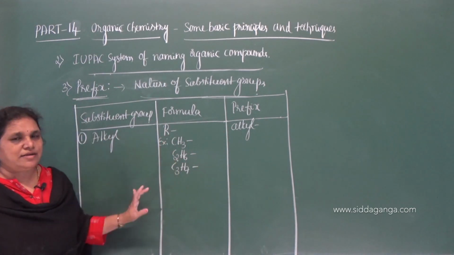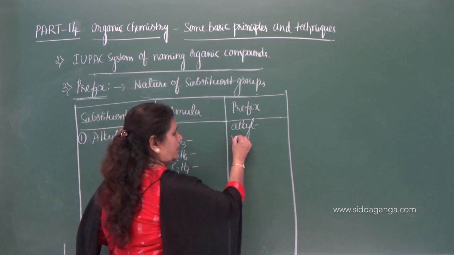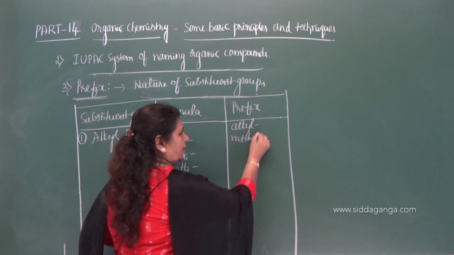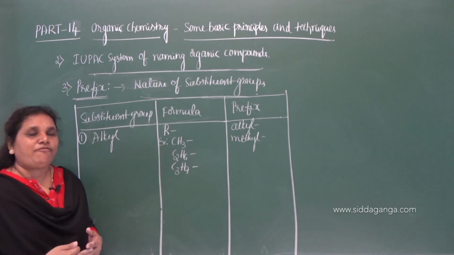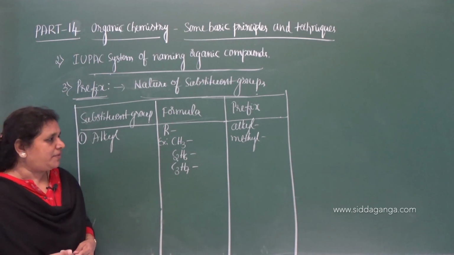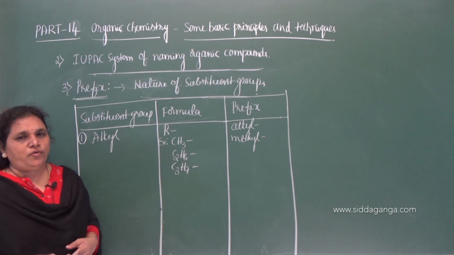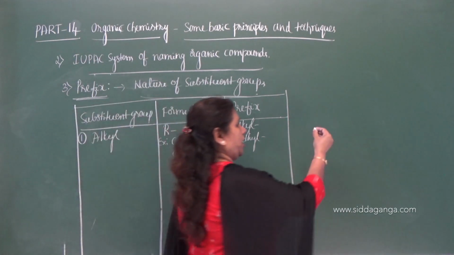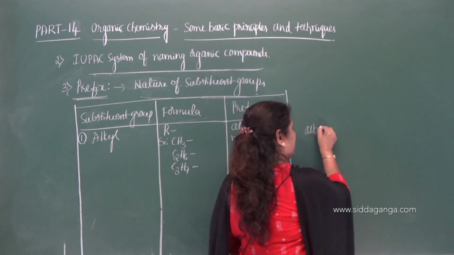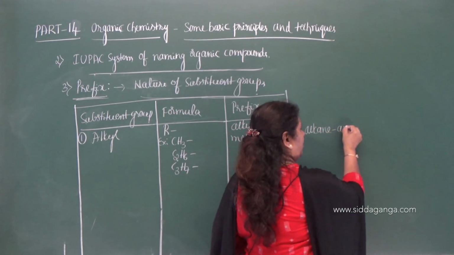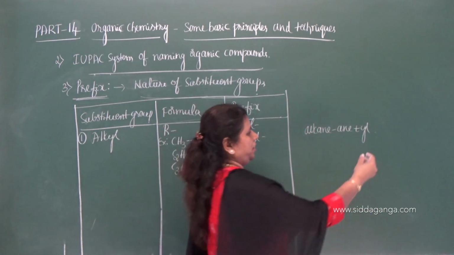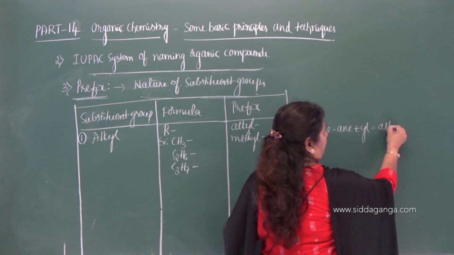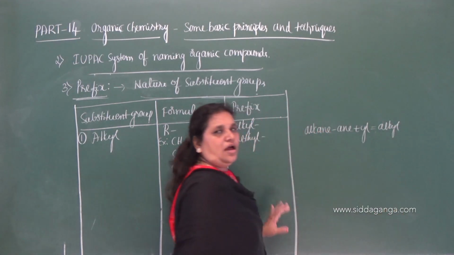If alkyl is a CH3 group, then it is methyl. I said how to name the group after the loss of one hydrogen from the methane. So, from the name of the alkane, you have to remove A and E, and you have to add YL. Then, you will get the name of the alkyl group.